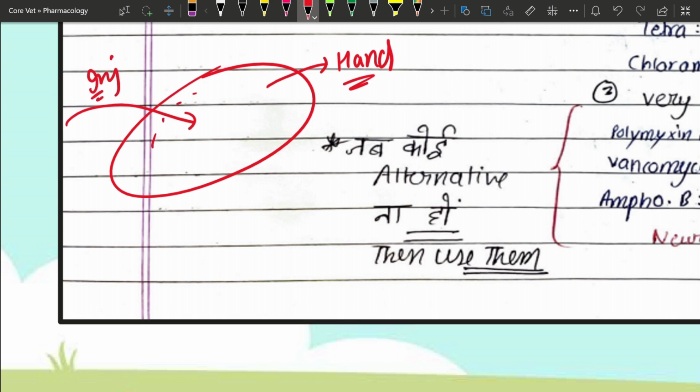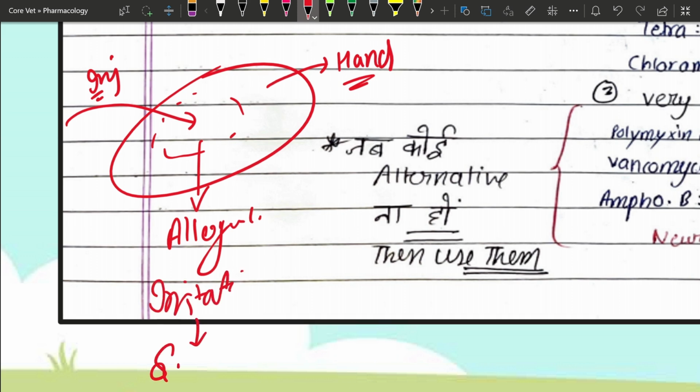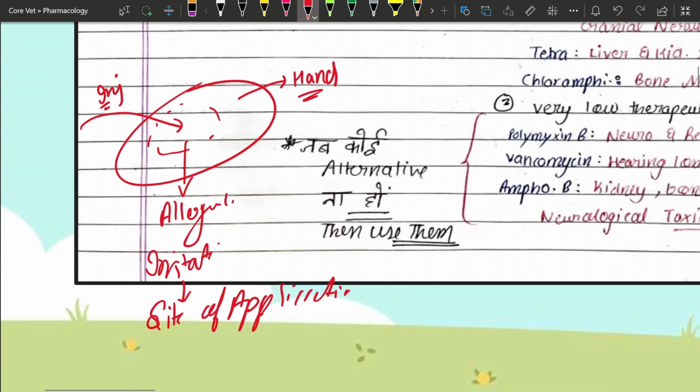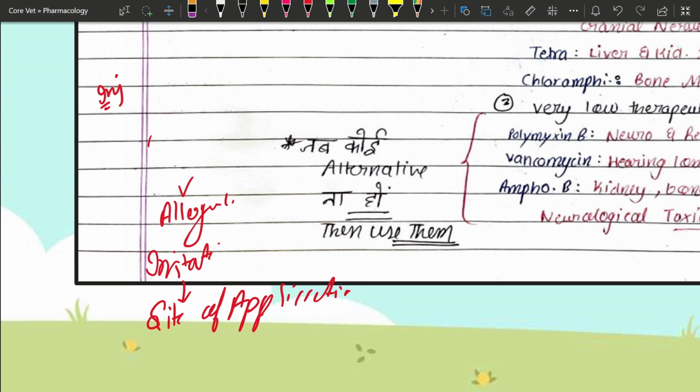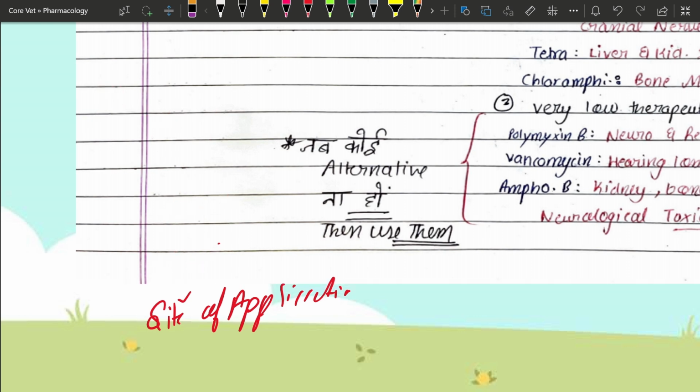If there is an allergic reaction or any irritation at the site of application, at the site of the injection, that type of toxicity is known as local irritation or local toxicity.